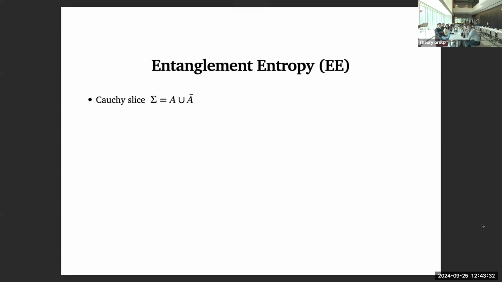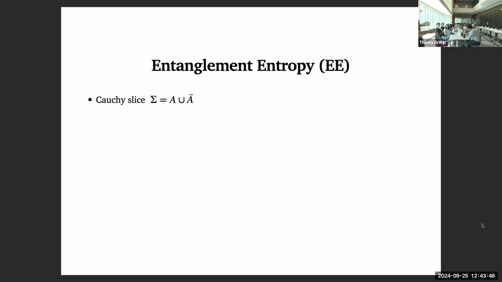Yeah. So a review of entanglement. Let's start on that. So you're studying the theory. It has some Cauchy slice sigma.